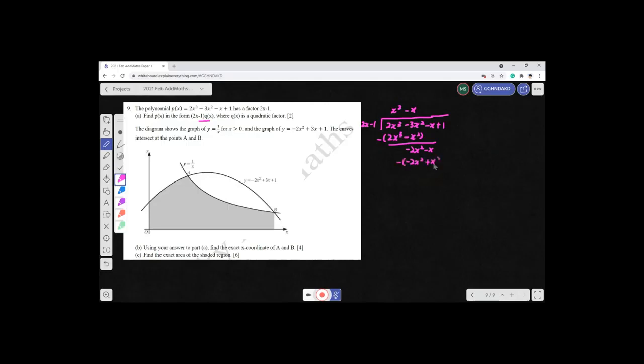Minus them, you get minus 2x plus 1. Eventually you just put minus 1 at the last one. So eventually your polynomial is expanded as this. So this is your Q(x). Easy 2 marks for you to keep in the pocket.